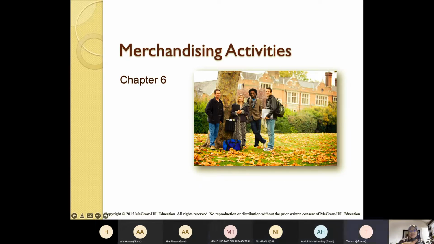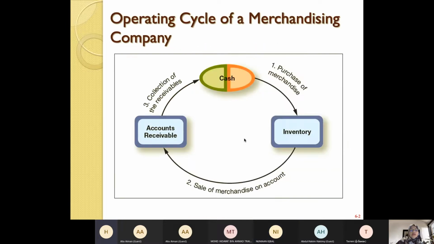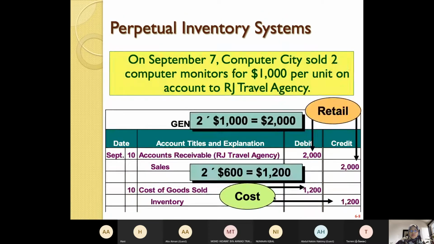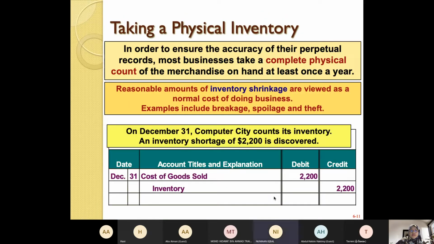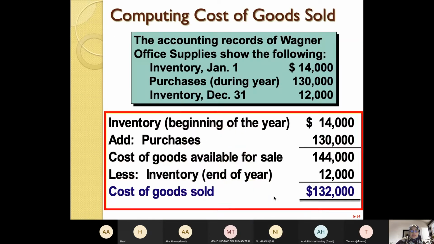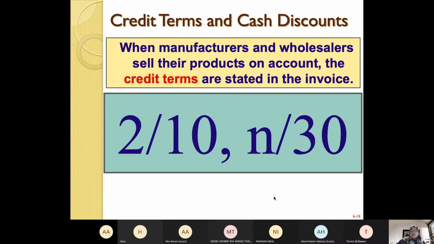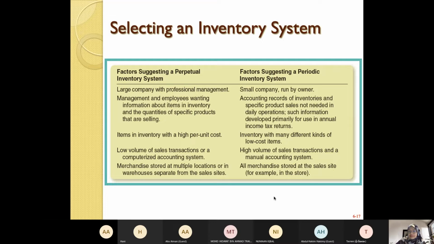Is it a full slideshow, or you only see the small one? You can see chapter 6, merchandising activities. All right. So I just want to show you what is a perpetual and what is the difference between perpetual and periodic. Hold on.